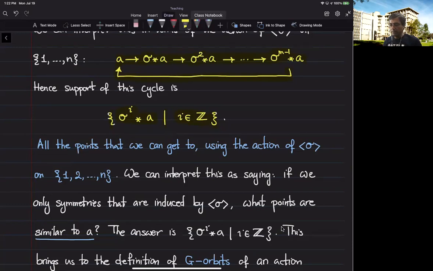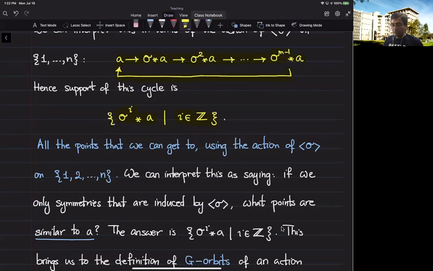Now, what we are saying is, what points are sigma-similar to a, using this type of symmetries? To what other points can we reach? If I can reach a new point, then that point should be sigma-similar to the point that I have started with.